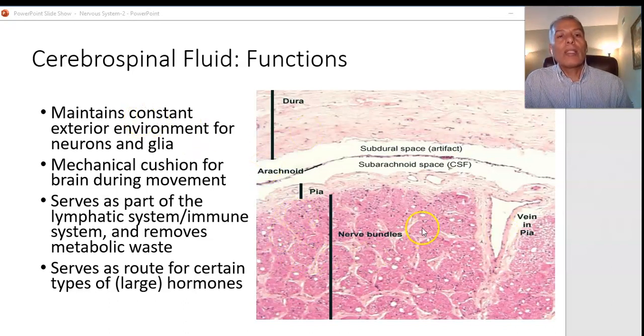So the function of that fluid is to maintain a constant temperature of the brain and spinal cord. As the body continues to burn so it can survive, it breaks down glucose molecules and other molecules to produce energy. And that energy is heat.